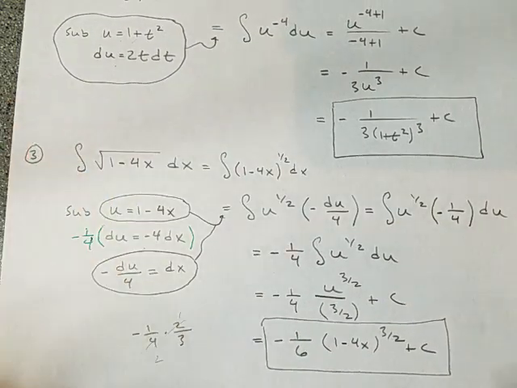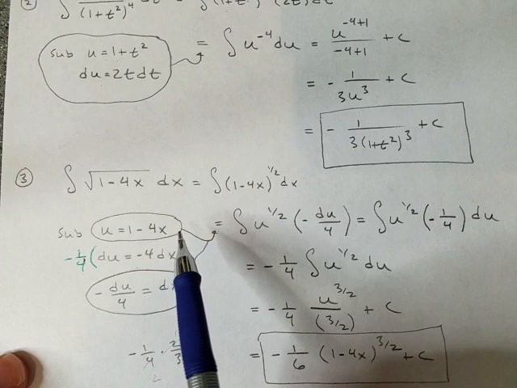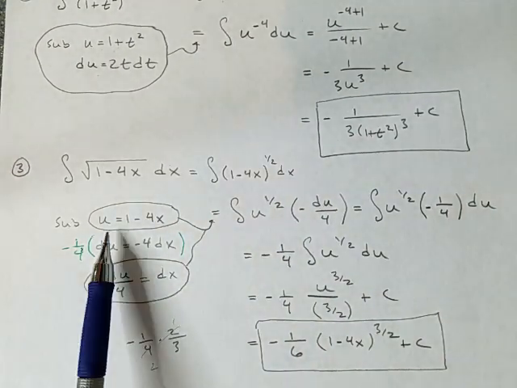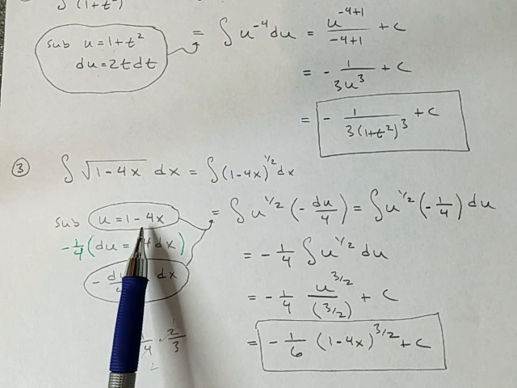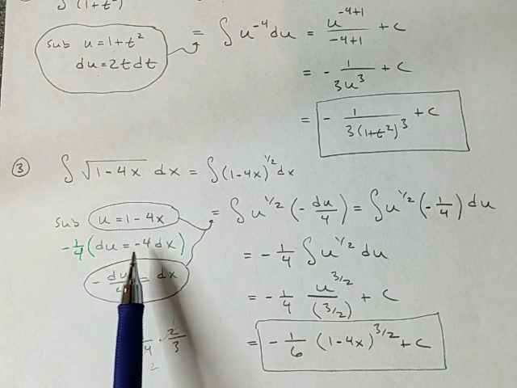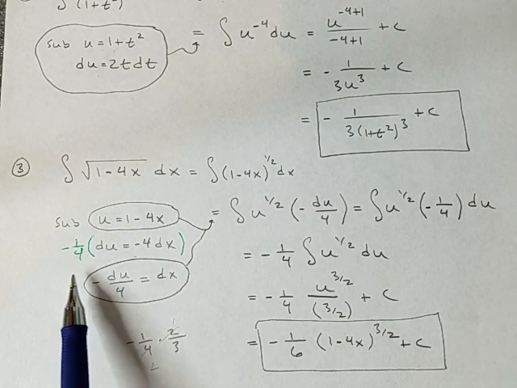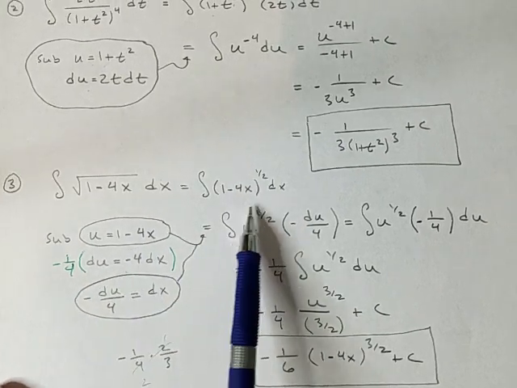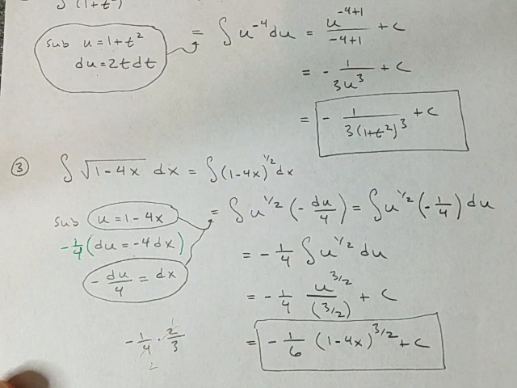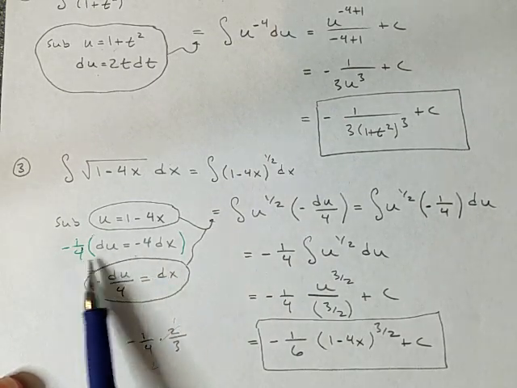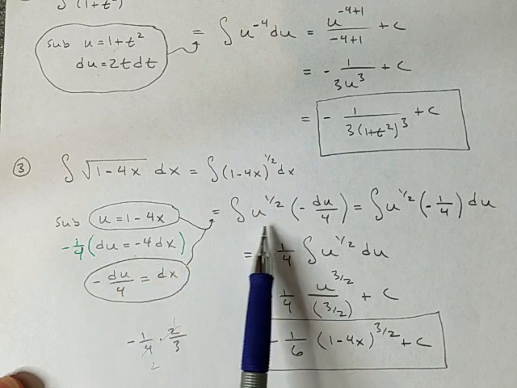Now, this one, I try to emphasize some of the same things as in the others: when u is given to be substituted for something, we also have to account for the du. And all of these equations can be treated algebraically to make them fit if we need to. I can take this equation and divide both sides by negative 4 if it would suit my purpose.